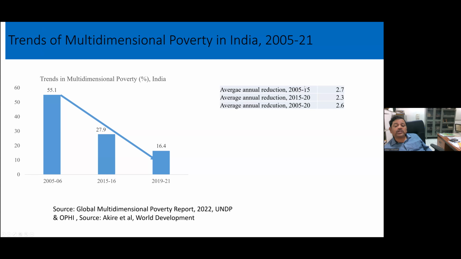Over the whole period, we can see that the average annual reduction is 2.6. So now, is it the time to be complacent and say that yes, we are all good? If you go by this definition, it seems very good. But what is good and what is not good? Maybe we can see more on that. But this is what the numbers say.